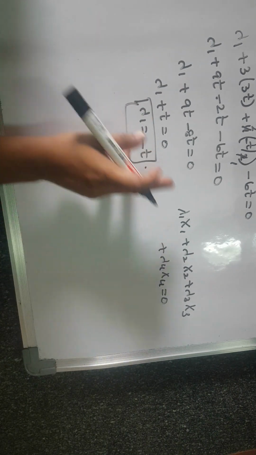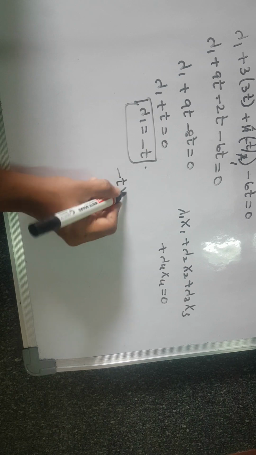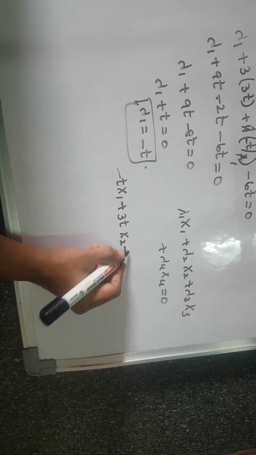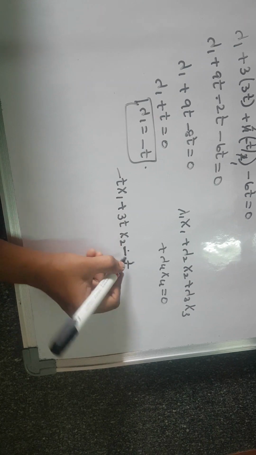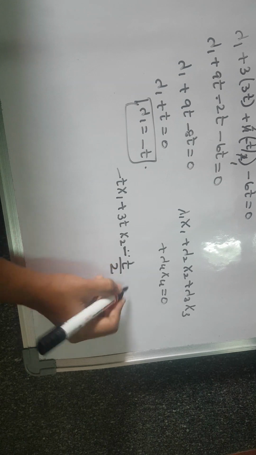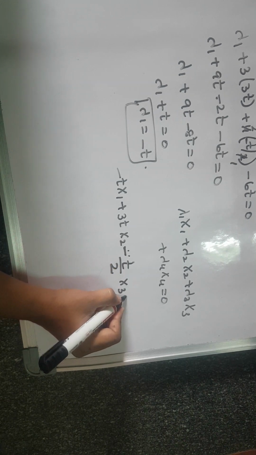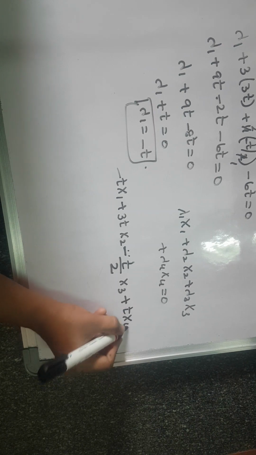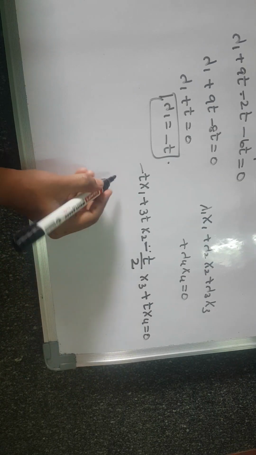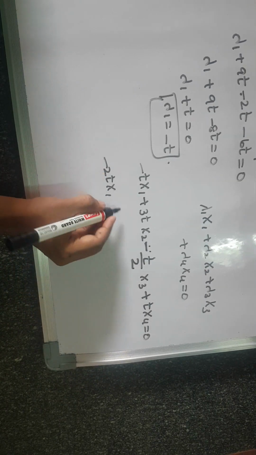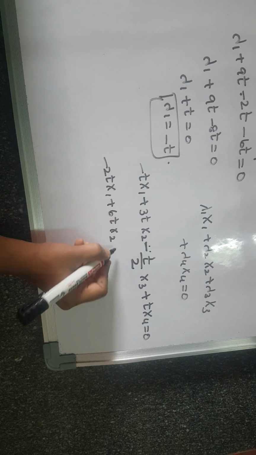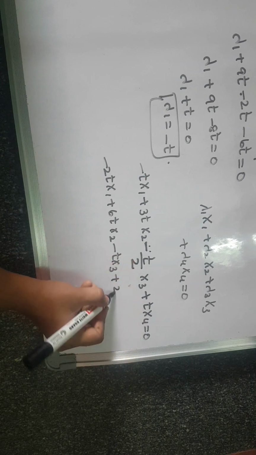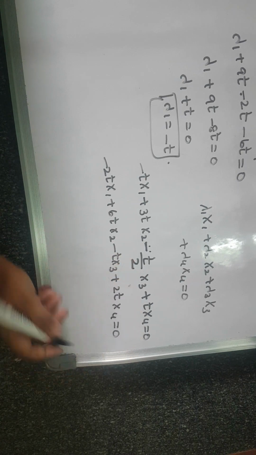So we have to put all the lambda values in this: minus t x1 plus 3t x2 plus minus t by 2 x3 plus t x4 equals 0. Means minus 2t x1 plus 6t x2 minus t x3 plus, taking the LCM here, 2t x4 equals 0.